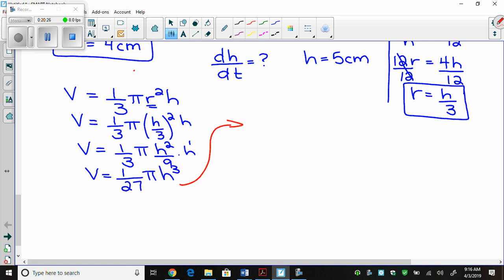The derivative of V is dV over dt equals, drop the 3 in front, 3 times 1 over 27 pi h squared times dh over dt.